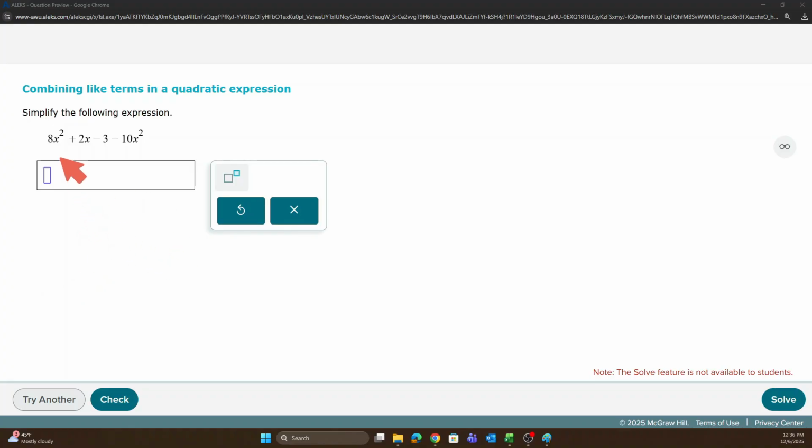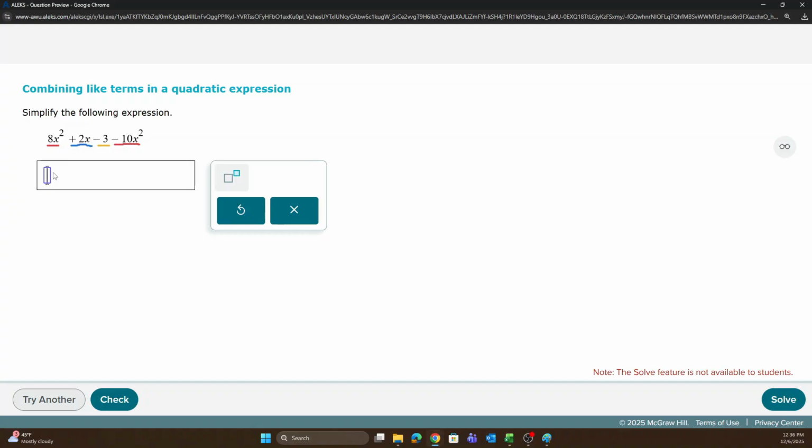We're going to look at, once again, since we're combining like terms, let's just look for our like terms. The x squareds have like terms. The x and the 3 don't have any like terms. They are just by themselves. You can see there's only one x term here, none others, and there's only one constant term here, nothing else.